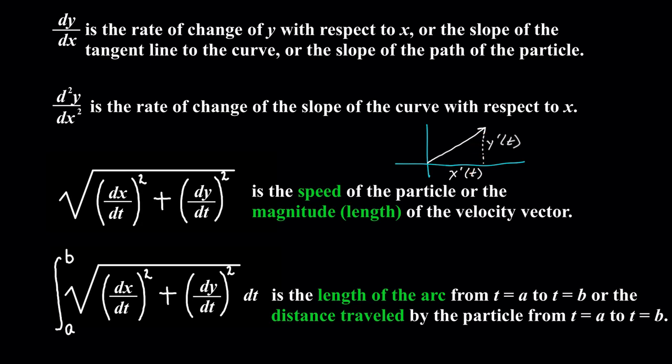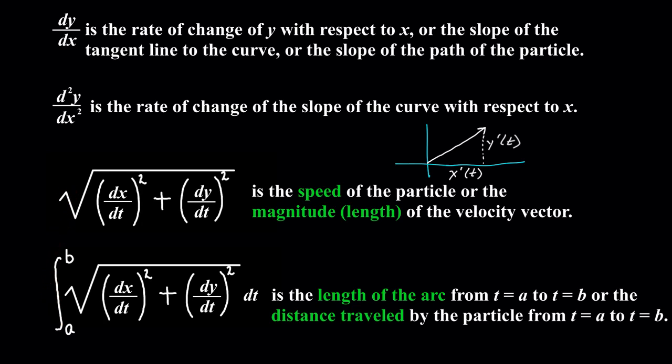All right, so then we have our next formula, which is similar to this one. The difference is we are doing an integral from a to b of this square root. And what that gives us is the length of the arc of our parametric equation. The difference is this one has an integral, whereas this one does not.